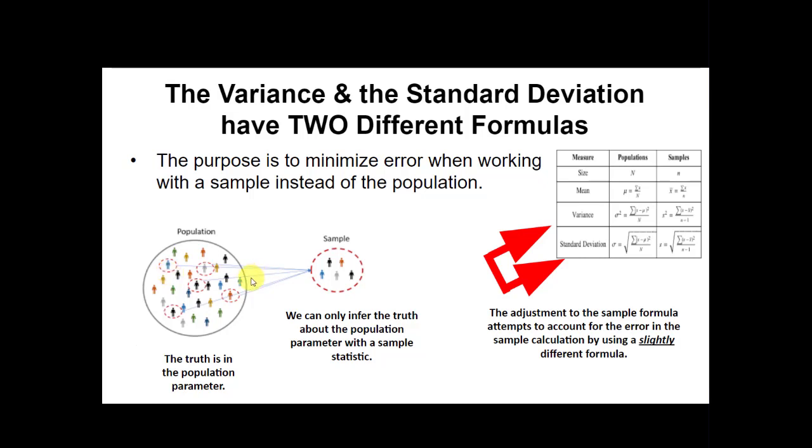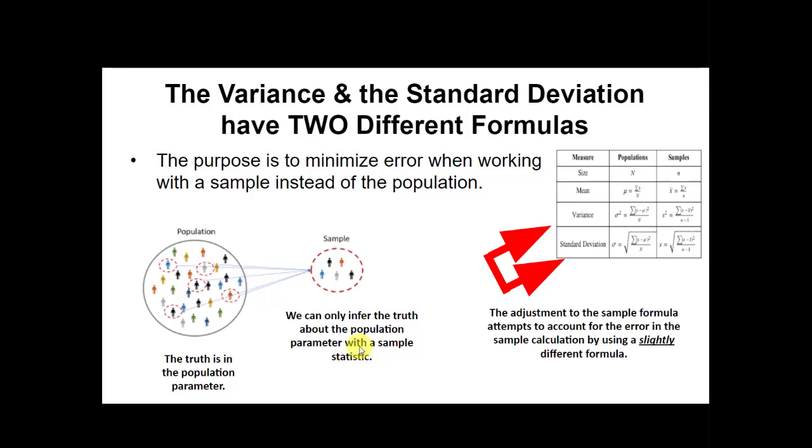The reason for working with 2 different formulas is that if you're lucky enough to be working with the entire population, you don't have to account for error. You can just use the population formulas to find either the population variance or the population standard deviation. However, if you are working with a sample, you have to try to adjust for error.